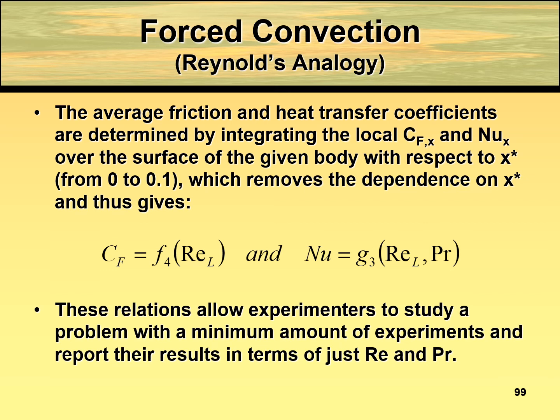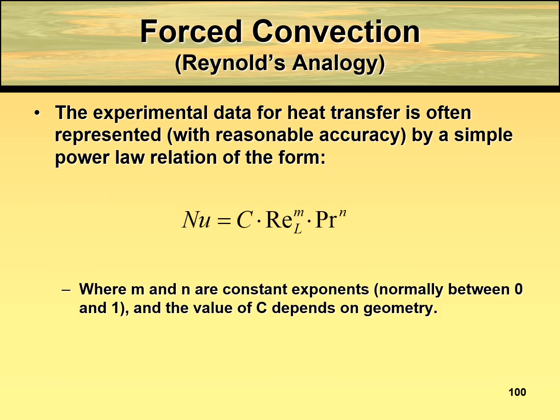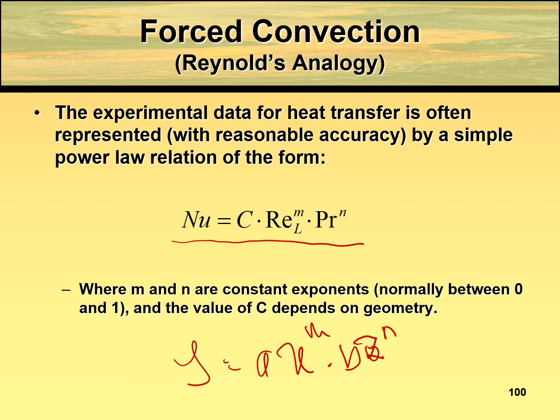So the friction coefficient is a function of the Reynolds number and the Prandtl number, where throughout the experimentation work, this is a common form of the correlations that have been used, with the function of y equal to a, and then you have the correlation of x to the power of m and b to the power of z and to the power of n.